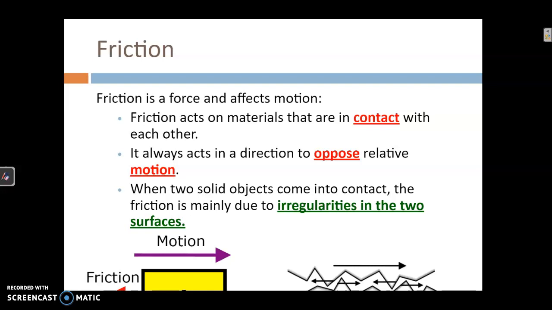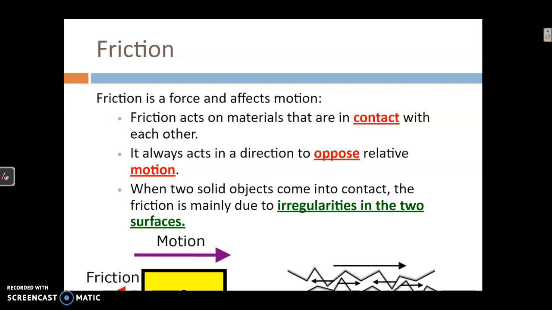So if you're trying to go up and down, then your frictional forces are going to change depending on your direction of motion, because the frictional forces are always trying to act opposite of that motion, trying to slow you down in a sense. So when two solid objects come into contact, let's say like your two hands, the friction is mainly due to the irregularities in the two surfaces, so the irregularities within your hands themselves.